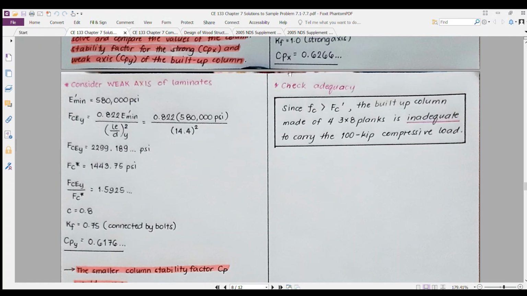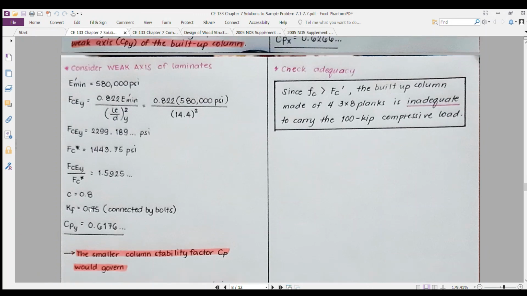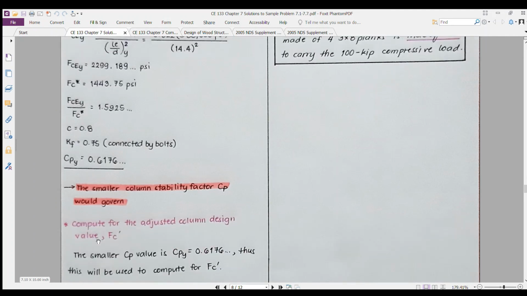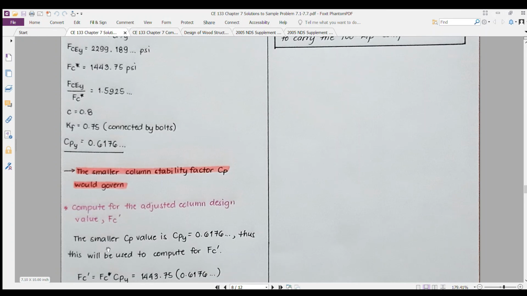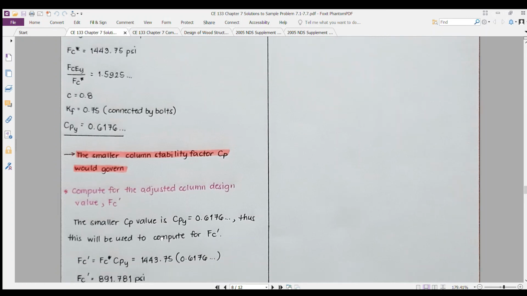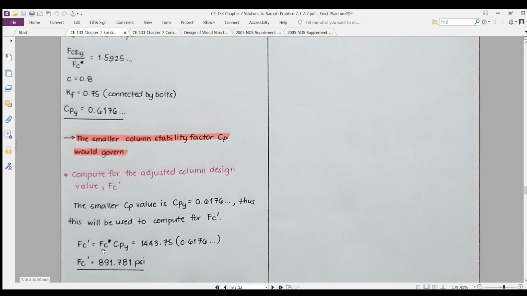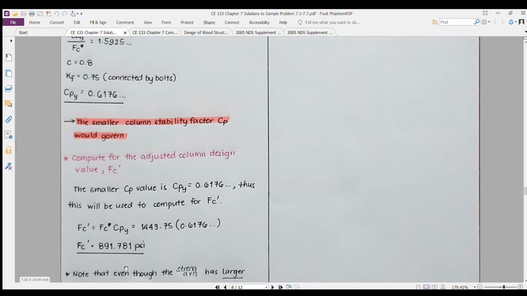So we're going to use the smaller value of the C sub P. So for C sub Px we have 0.6266. Meanwhile for C sub Py we have 0.6176. So we're going to use this one, 0.6176. So now we need to compute for the adjusted column design value FC prime. So we have here FC prime is equal to FC asterisk multiplied by C sub Py, and we have the value for FC prime of 891.781 psi.